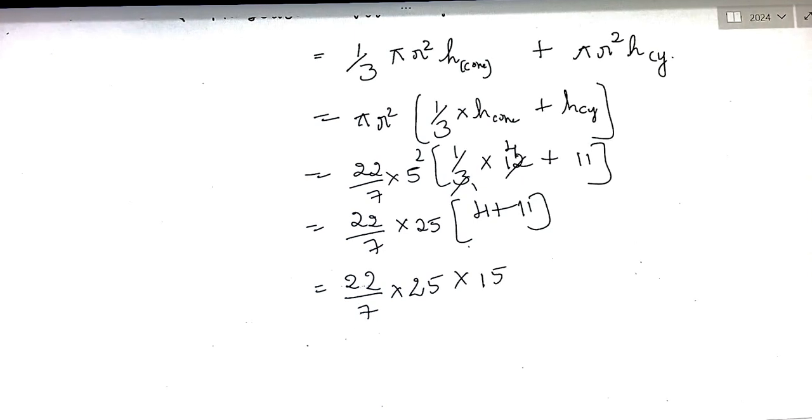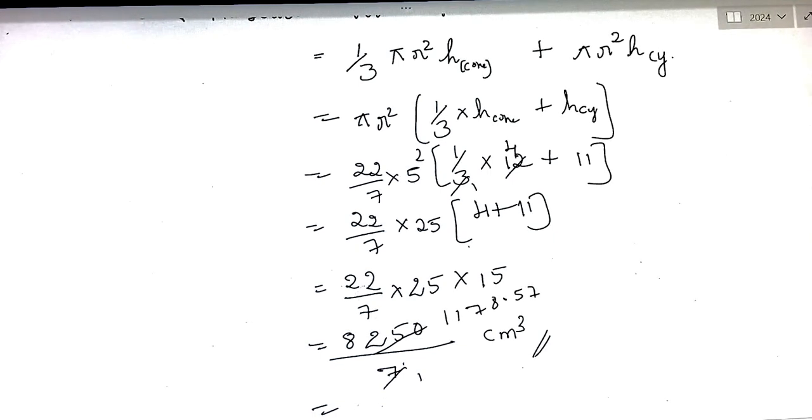So that is 22 into 25 into 15, which is nothing but 8250 divided by 7 centimeter cube. Or you just simplify it further, 1178.57 centimeter cube. Since it is a volume, the unit is centimeter cube. So this is nothing but the volume of the solid.